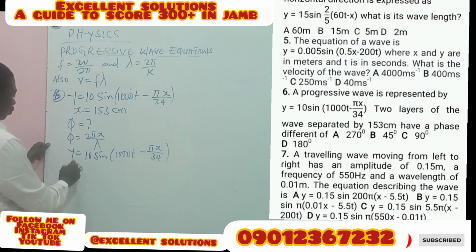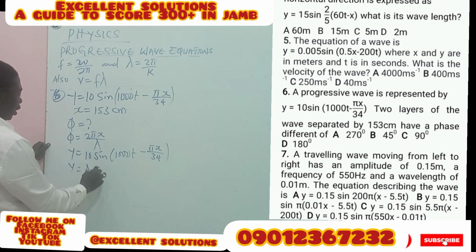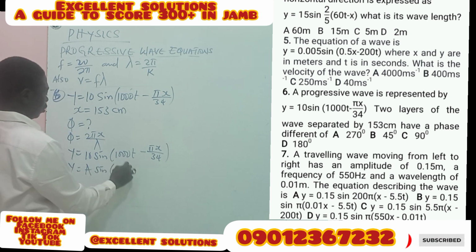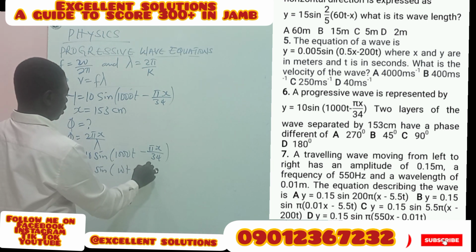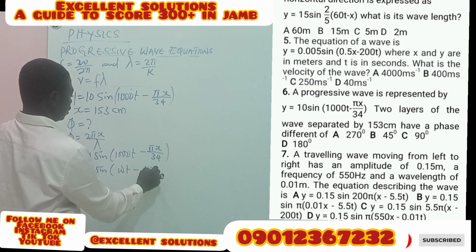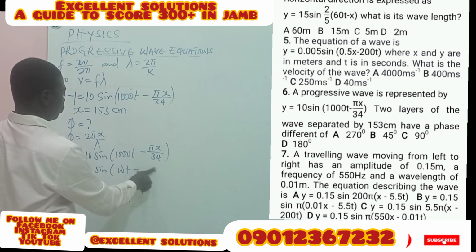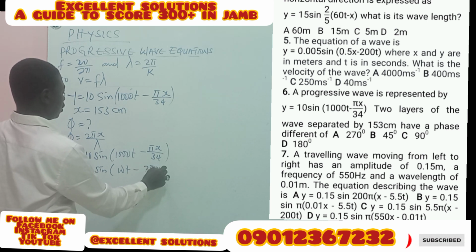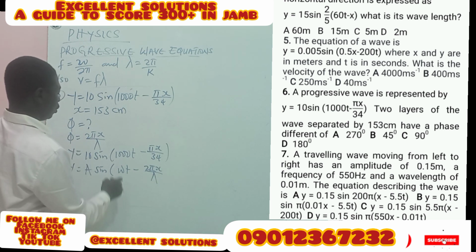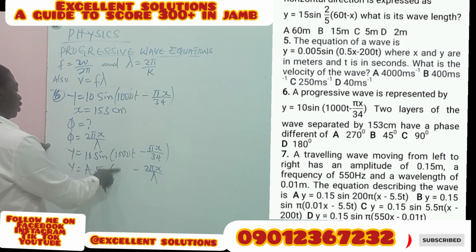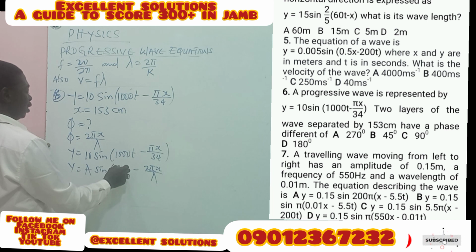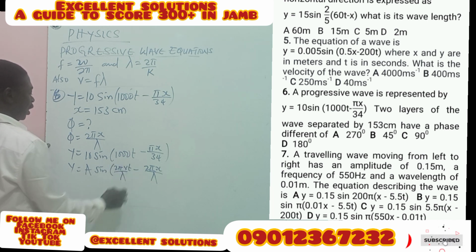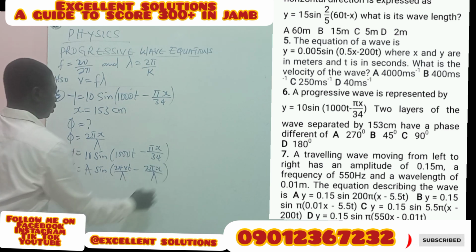We compare it with y equals a sine omega t minus kx, minus 2 pi x upon lambda, or we compare it with that other equation that we cleaned, 2 pi vt upon lambda minus 2 pi x upon lambda.